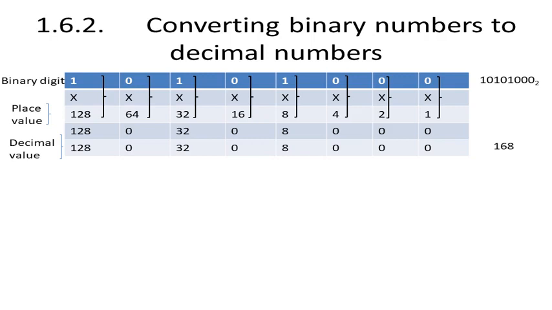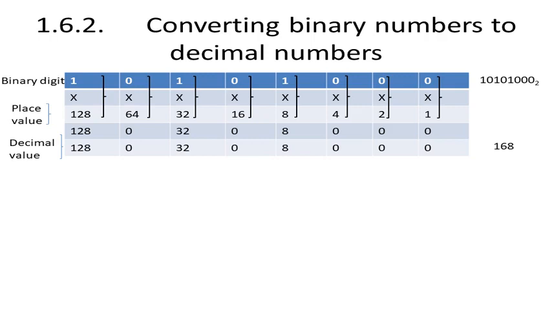Here you can see there is a binary number, 10101000. Then you write the place values of each of these. Starting from the right side, 2 to the power 0 place is the 1 place.